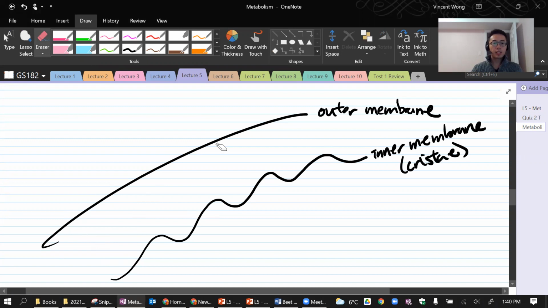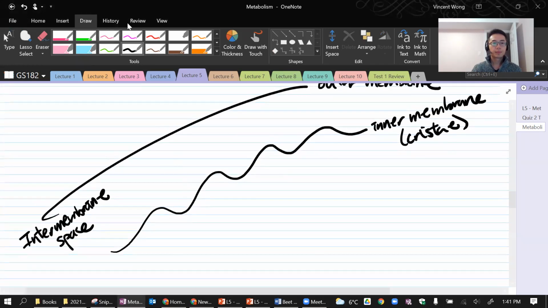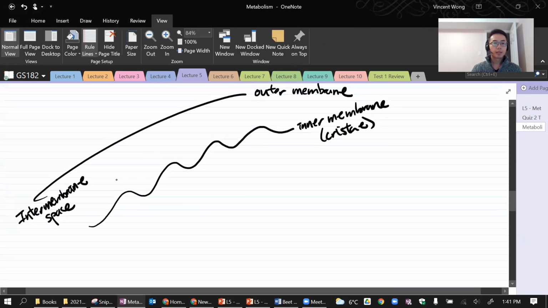This space between the outer membrane and the inner membrane is the intermembrane space. And over here, that's the matrix. Out here, cytoplasm. So we're going to focus here.